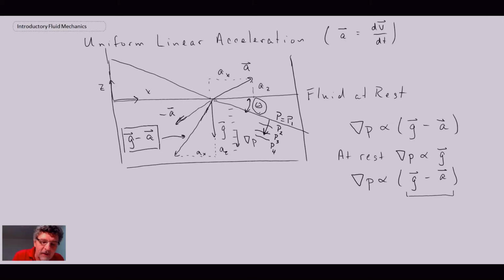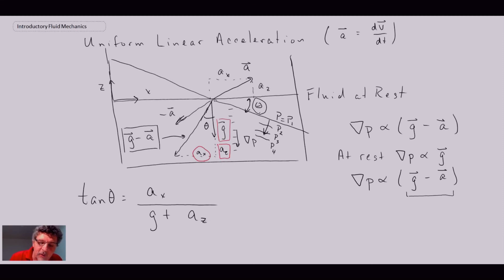We write out tan theta is equal to, and theta, it turns out by geometry, is also this angle here, is equal to a_x, the x component here, divided by the vertical, which is going to be this and this. So when I add those two together, we have g plus a_z.